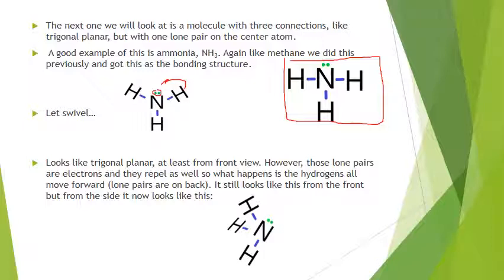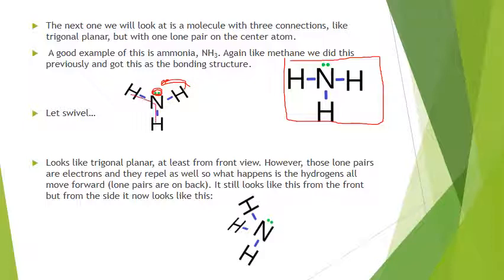So this hydrogen sees this lone pair, it's going to bounce back, and so forth. So this lone pair sort of acts like another atom when everything starts bouncing around. So it kind of looks trigonal planar, just like we had before.